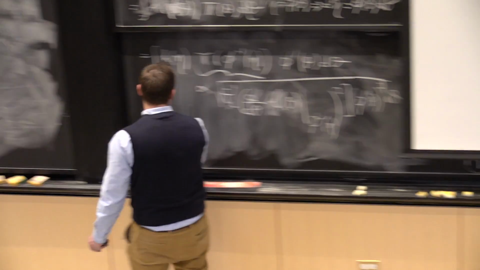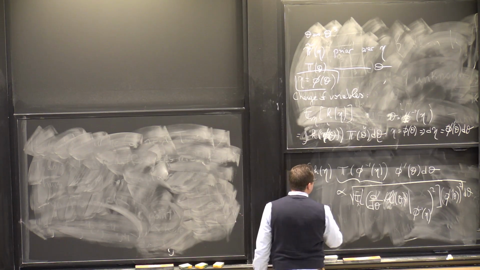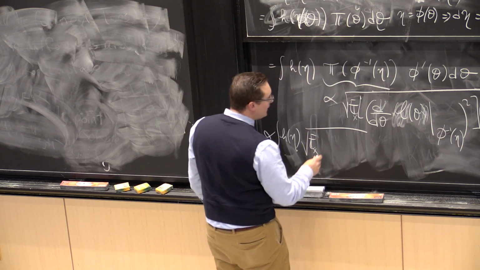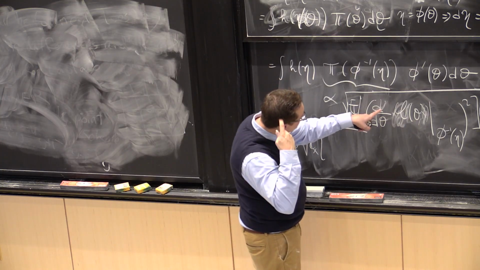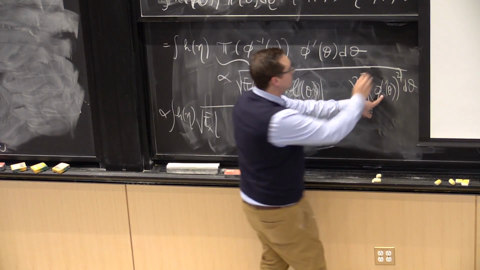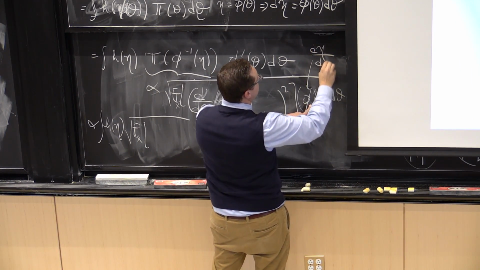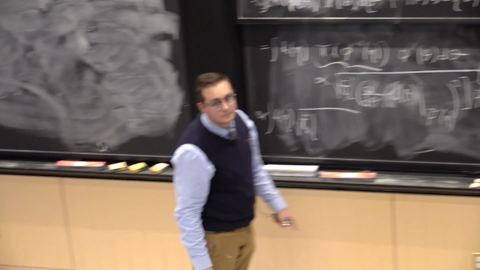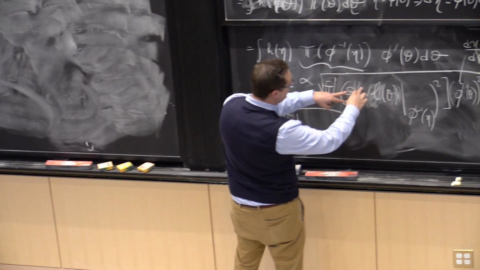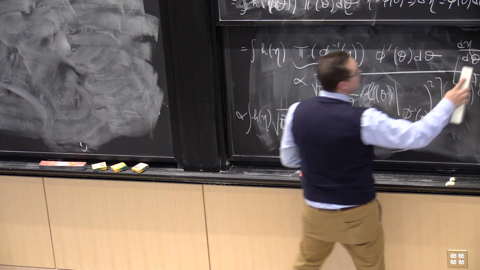And so what I have now is that this is actually proportional to the integral of h of eta times the square root of the expectation with respect to x of what? Well, here I have d over d theta of log L of theta. And here this guy is really d eta over d theta, right? Agreed? So now what I'm left with is d over d theta times d theta over d eta.